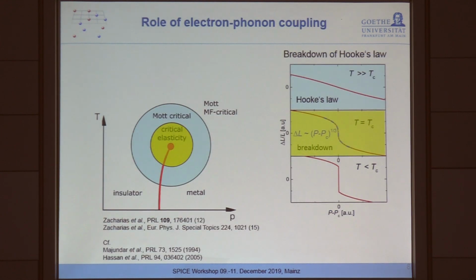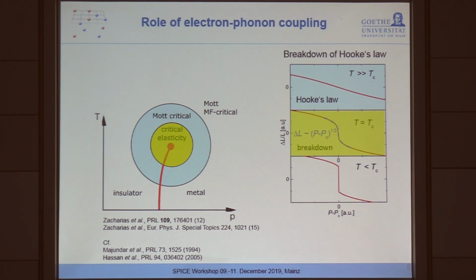The role of the lattice degrees of freedom has been discussed by a number of researchers in the field, and I'm referring here to the work of Manuel Zacharias and Markus Garst. And what they argue is, here in the temperature-pressure phase diagram, when you approach the Mott transition and you are sufficiently away from the Mott critical endpoint, let's say in this blue regime here, then the lattice plays only a perturbatively weak role.